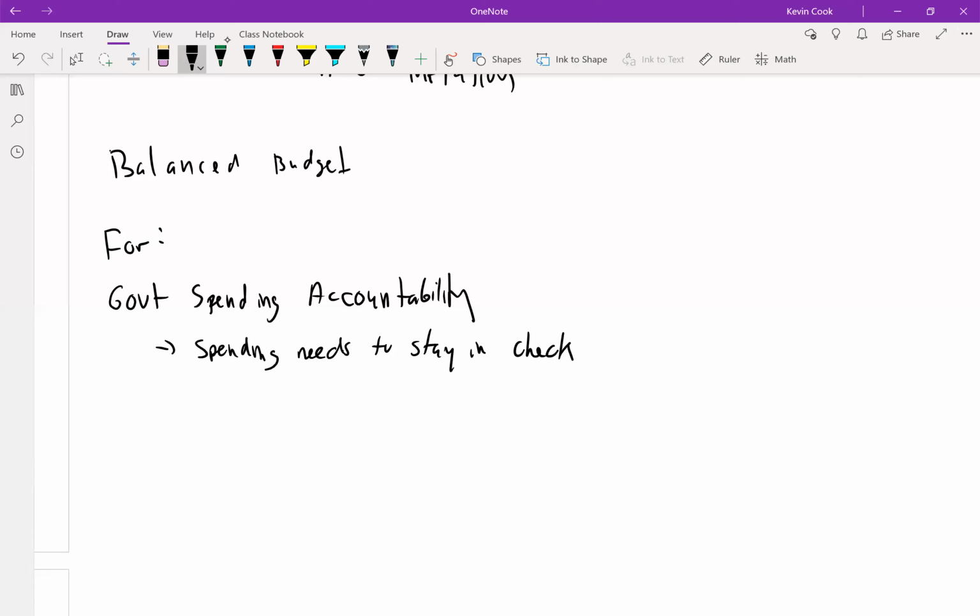So when we think about government spending accountability, we say we need to keep our spending at a reasonable level so that we don't run into issues with our debt. That's the first part of it, and to me that's really the big reason for it. It's a fairly straightforward reason. And remember that a balanced budget is when our tax revenue is equal to our government spending.